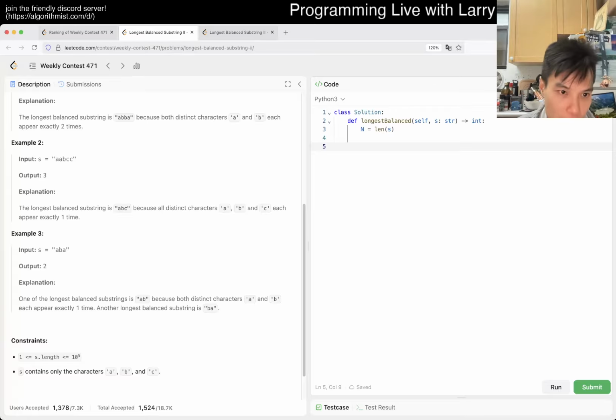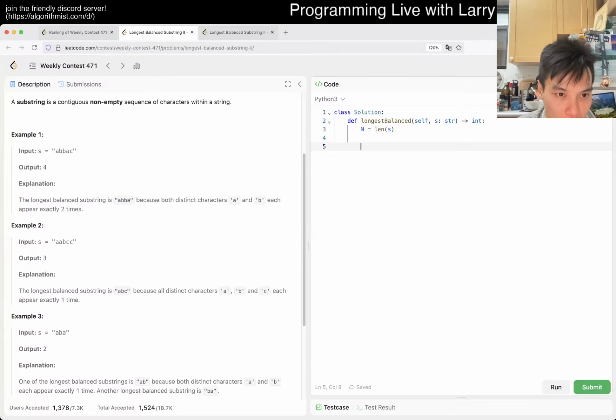It's not binary searchable. It's something like... I mean, prefix sum is a given, I guess.